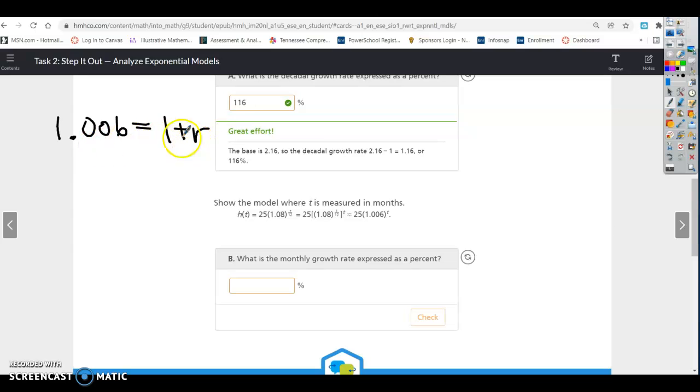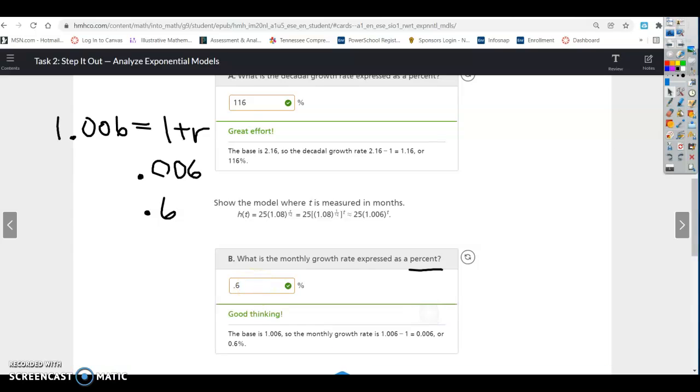If we subtract the 1, then that gives us our r. So our r is going to be 0.006, and now we want to write this as a percent again, so we're going to move it 2 decimal places. So that means it's going to be 0.6%.